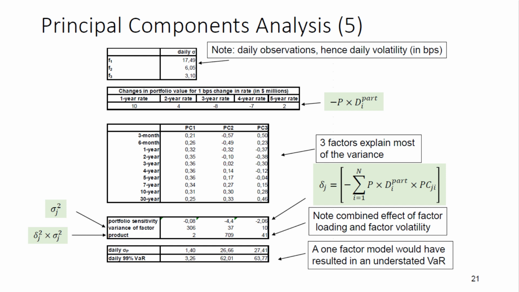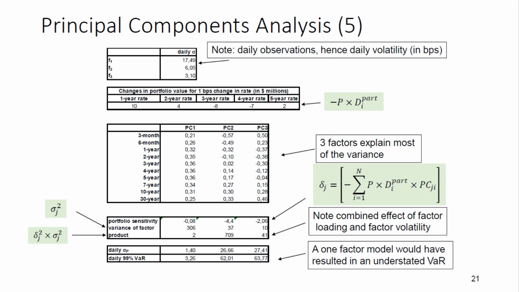So I have my principal component model, and I have the daily observations. So I also have the daily volatilities of the factors, which are expressed in basis points, so you should multiply them with 0.01%. And then I assume that I have a portfolio which consists of many bonds, and I've already determined what the sensitivity is for that portfolio if there is a 1 basis point change in the yield.